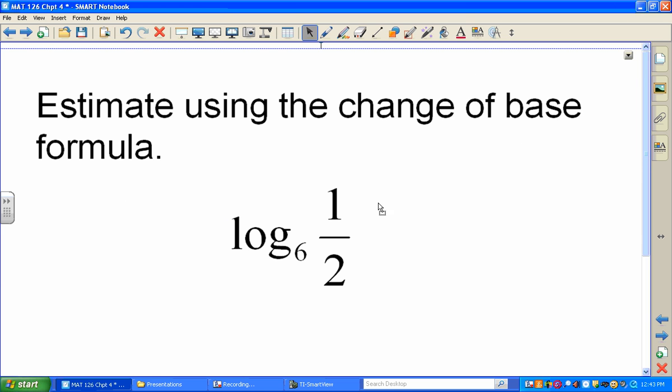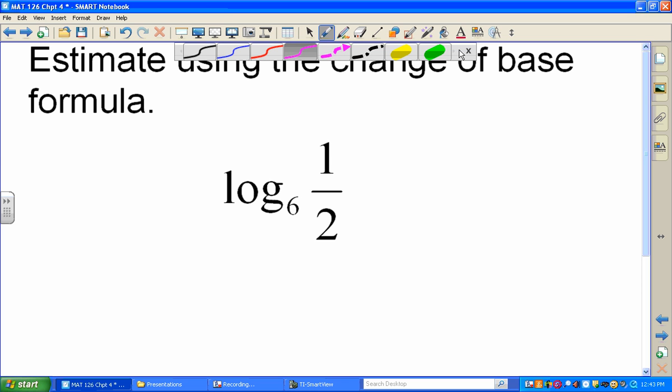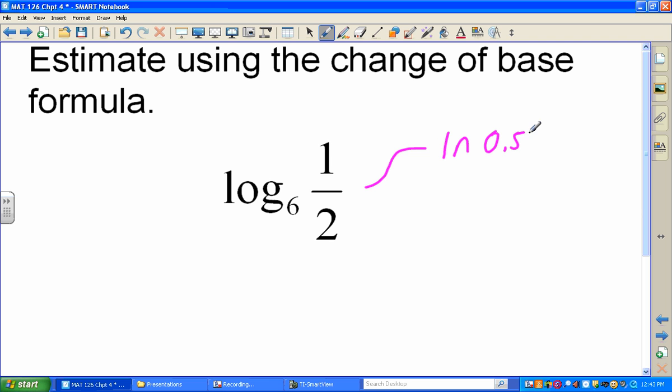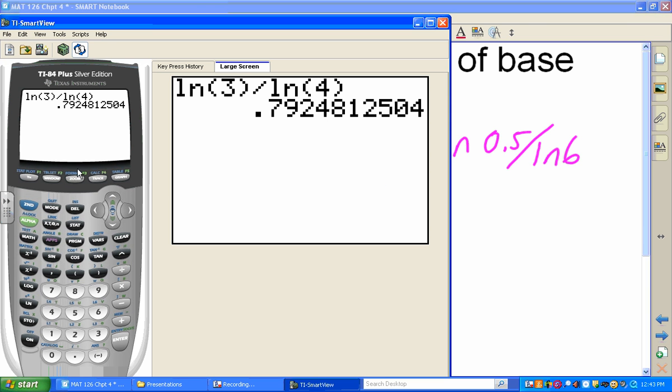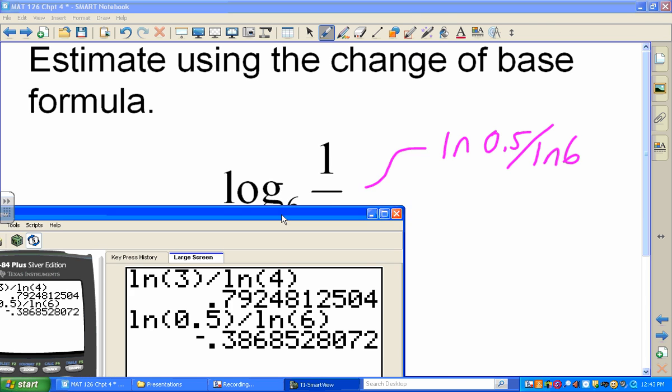All right, estimate this. We've done it for 3 days now, or 4. How do you estimate it? I'm going to go obviously the college route. Natural log of 0.5 divided by natural log of 6. I'm not even going to graph it out. I think it said estimate.